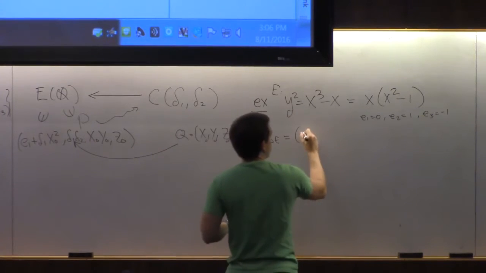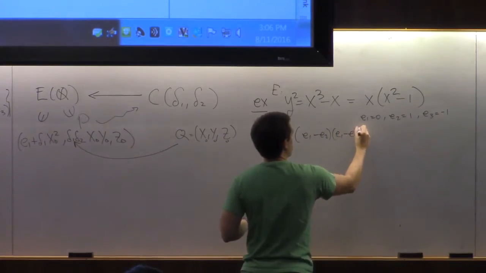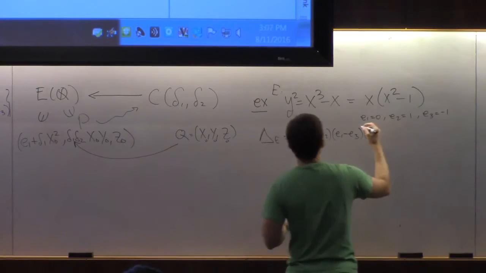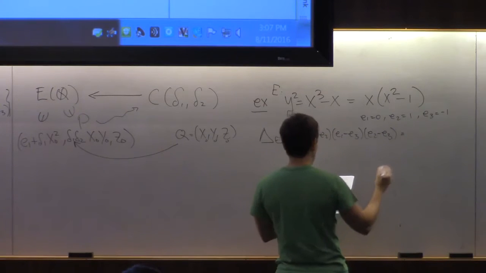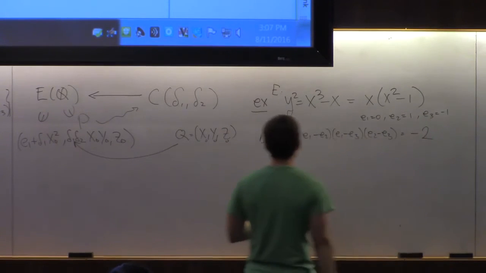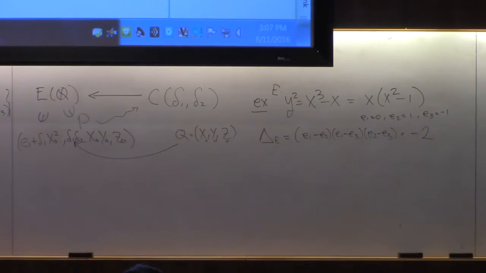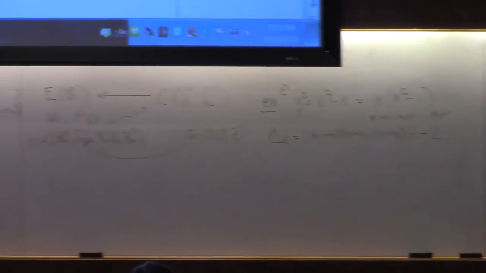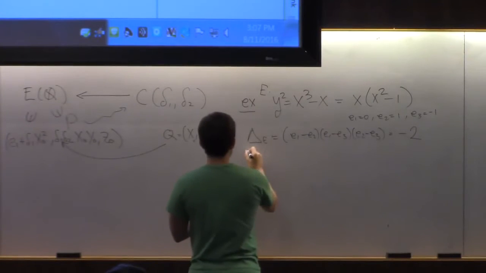The delta is (E1 minus E2)(E1 minus E3)(E2 minus E3), which turns out to be -2. Then the primes that can divide that quantity are just the prime 2 and the prime infinity, meaning that I can put minus signs, so the place infinity.